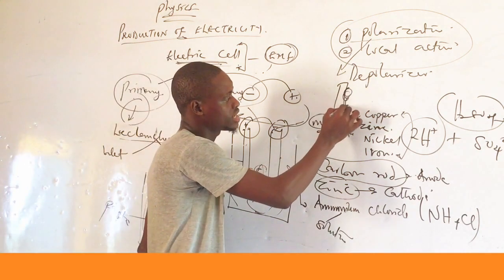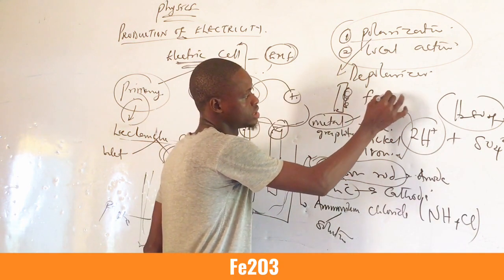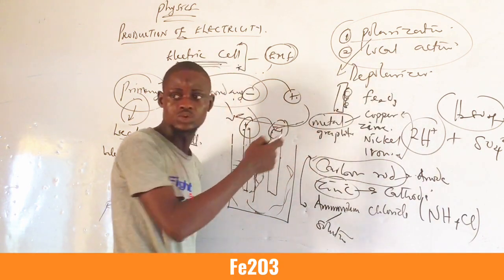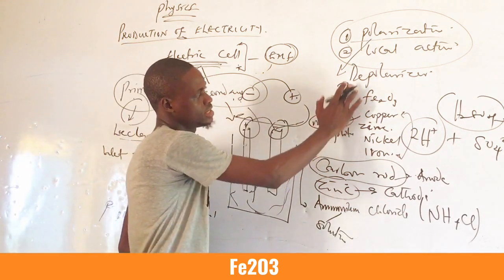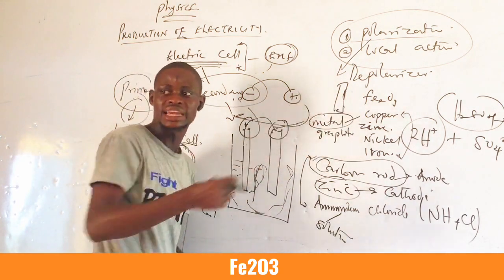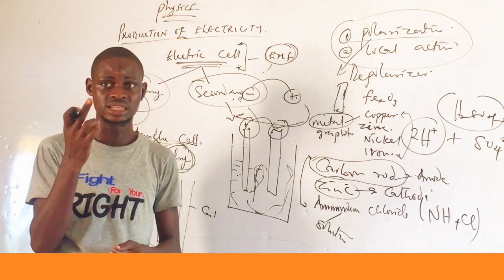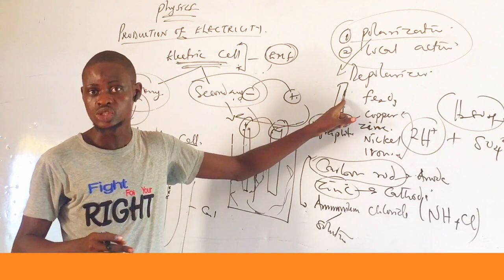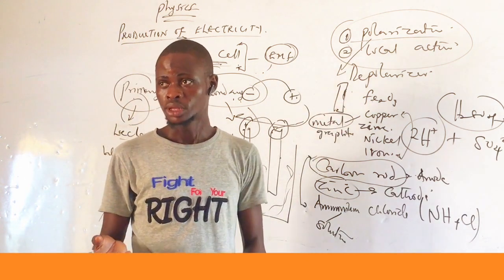It will form something reddish on the surface like this. It is known as iron 2 oxide. Iron 2 oxide will form on the surface, which is known as rust. Are you getting it? Now, we can prevent this rust of iron by painting it. If you paint iron, what is the function of the paint? The function of the paint is to prevent rusting from taking place. But it doesn't mean that rusting might not take place after some time.